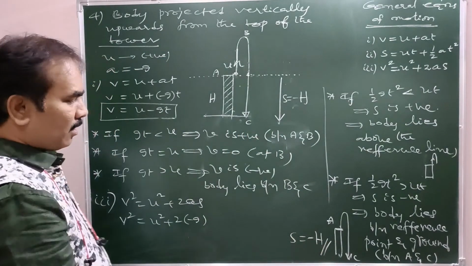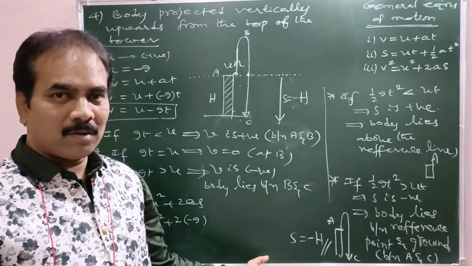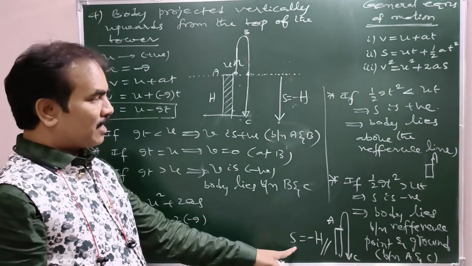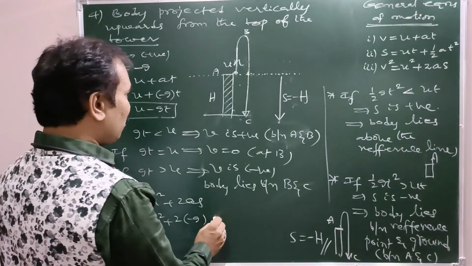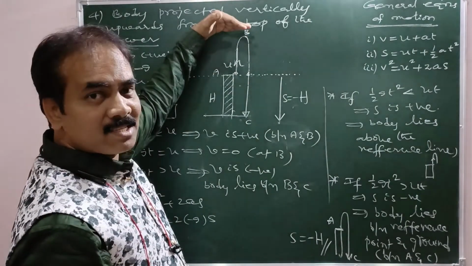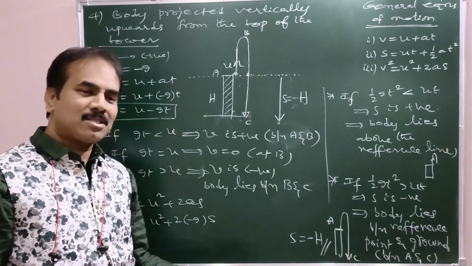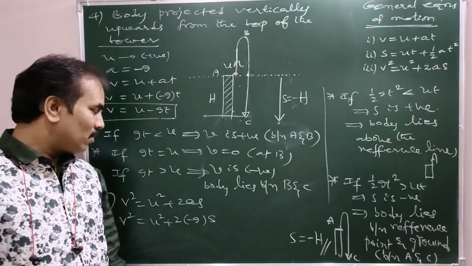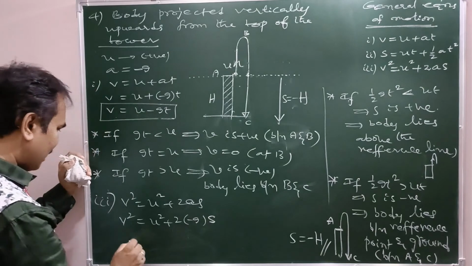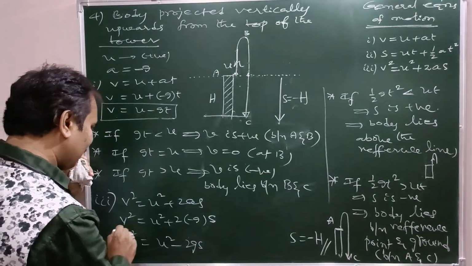As I told you, s may be positive, s may be negative, it may be 0 also. Why? Because for a while it is lying above the reference axis, for a while it is lying below the axis like that. Therefore I am leaving it with the positive sign only. That is v square equal to u square plus or minus 2gs.